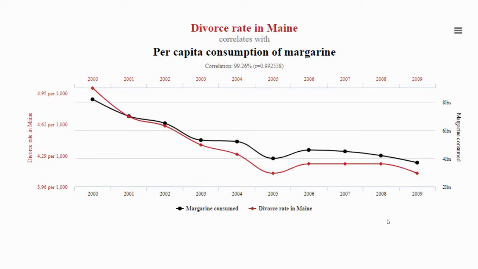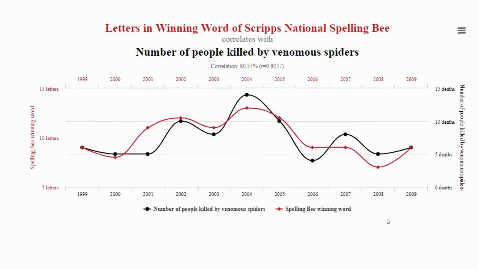It's coincidental. The divorce rate in Maine apparently, really nicely, at 99.26%, correlates with the margarine consumption in Maine, but seems to be a coincidence. The letters in the winning word of the Scripps National Spelling Bee and the number of people killed by venomous spiders, again, a decent correlation.